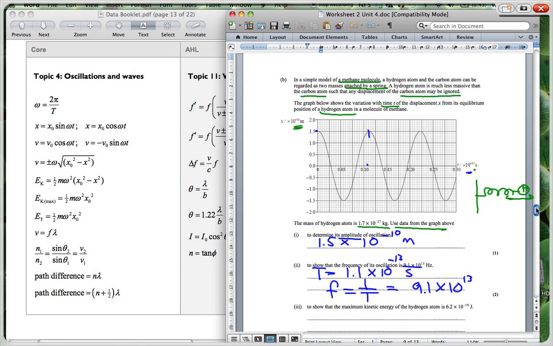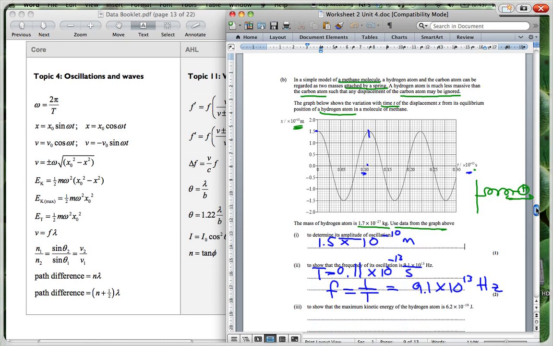This is not 1.1, but it's 0.11. So that's 0.11 times 10 to the minus 13. And so when we put 1 over that, we should get that. And this obviously is in seconds to the minus 1, or we use the symbol hertz.